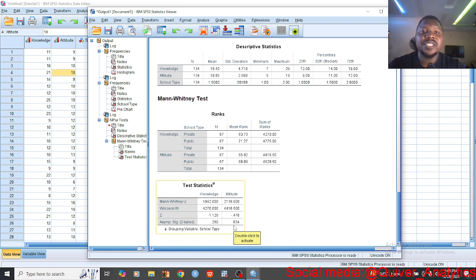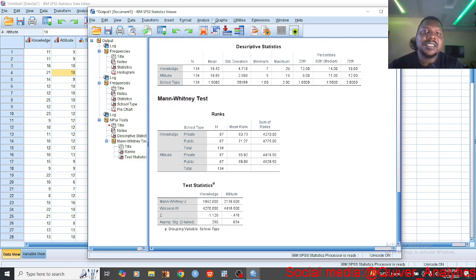Public school teachers have better knowledge than private school according to this data, although it is greater, we cannot statistically say it is significant. So there is no significant difference between the knowledge and attitude of these teachers, right?